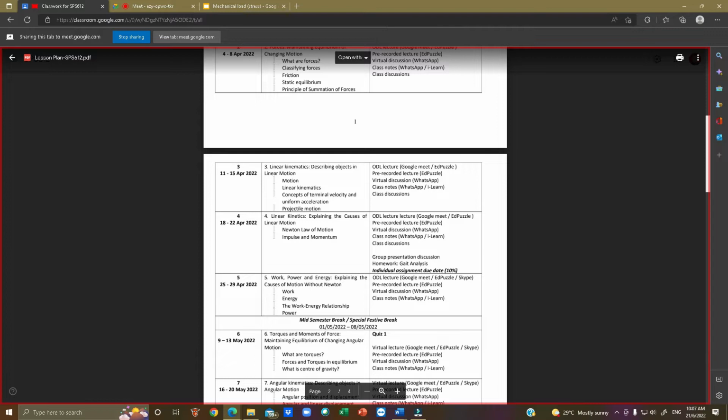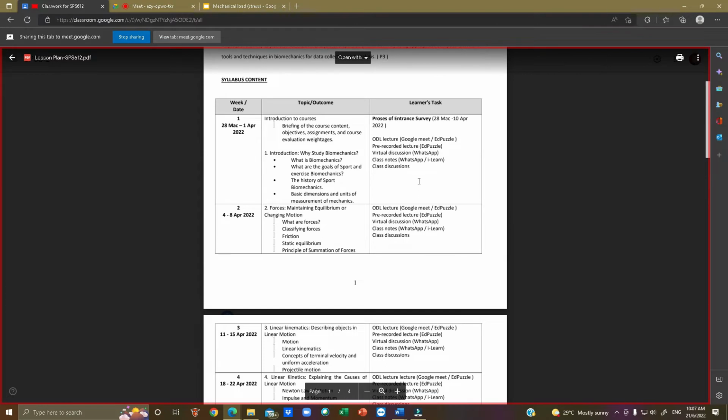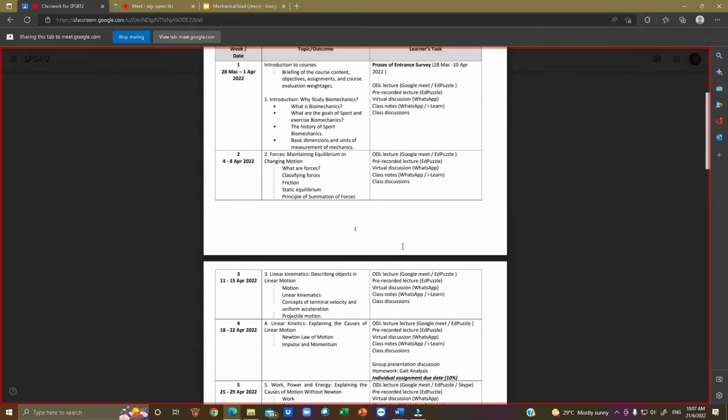So make sure you read through from the introduction, maintaining equilibrium. Underneath maintaining equilibrium we have equilibrium, principle of summation of force, and then stability. What are the ways to increase a person's stability?